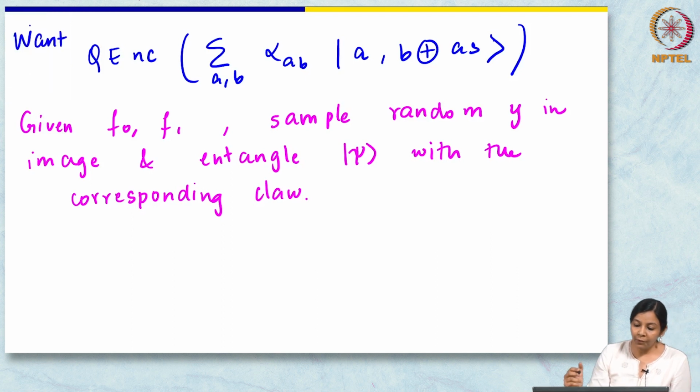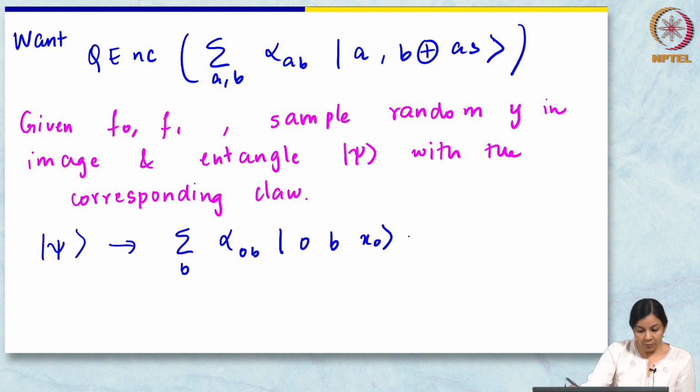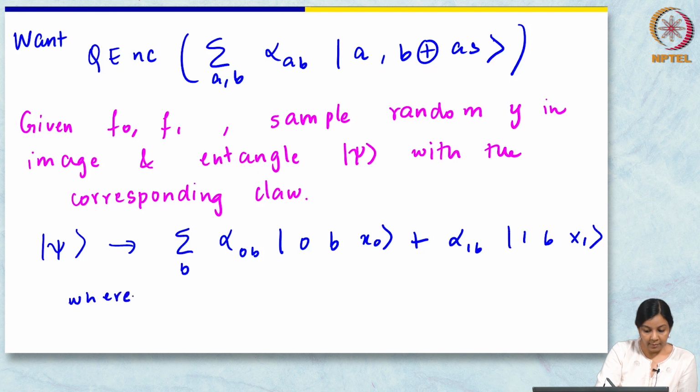Just for completeness, let me write it down. I want to go from psi to the following: some sum over b of alpha 0 b, 0 b x0 plus alpha 1 b, 1 b x1, where x0 x1 is a claw.